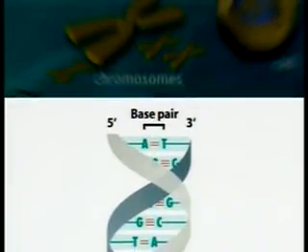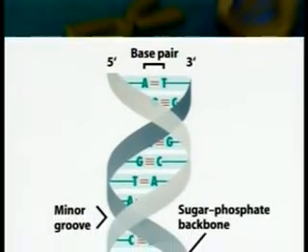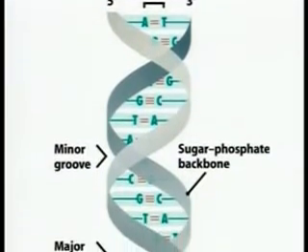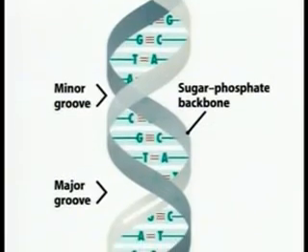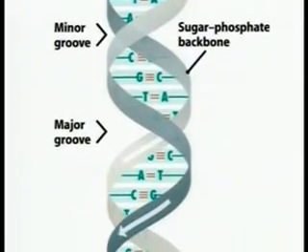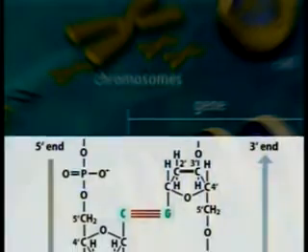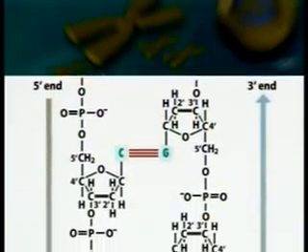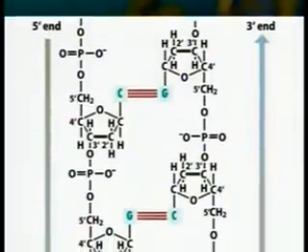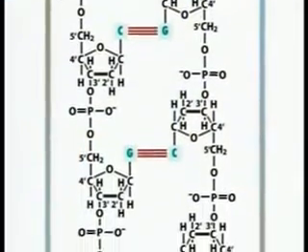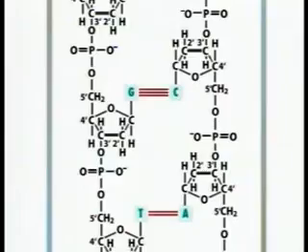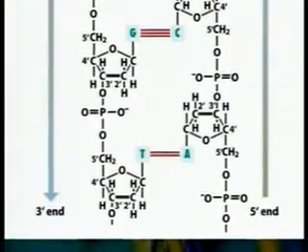The spatial relationship between these strands creates a major or larger groove and a minor or smaller groove between the two strands. In the Watson-Crick structure, the two strands of the helix are antiparallel. That is, their 5' 3' phosphodiester bonds run in opposite directions.